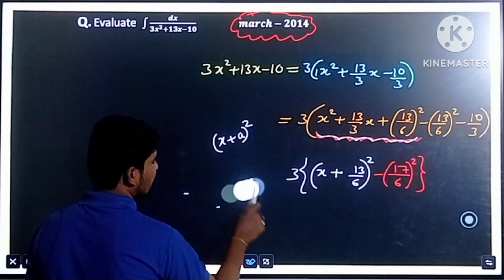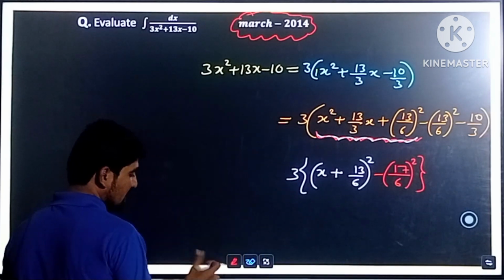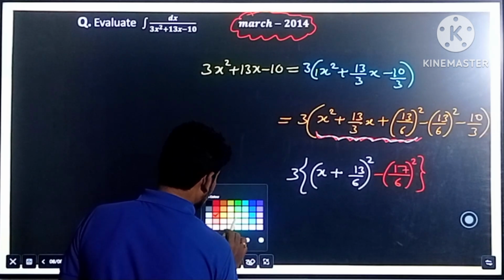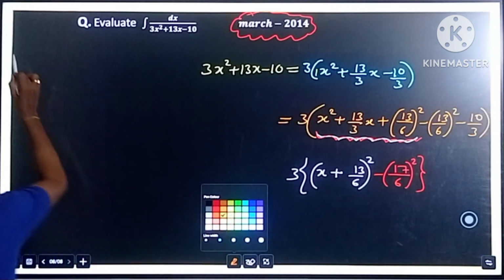Now by this, the given integration problem I. What is I?